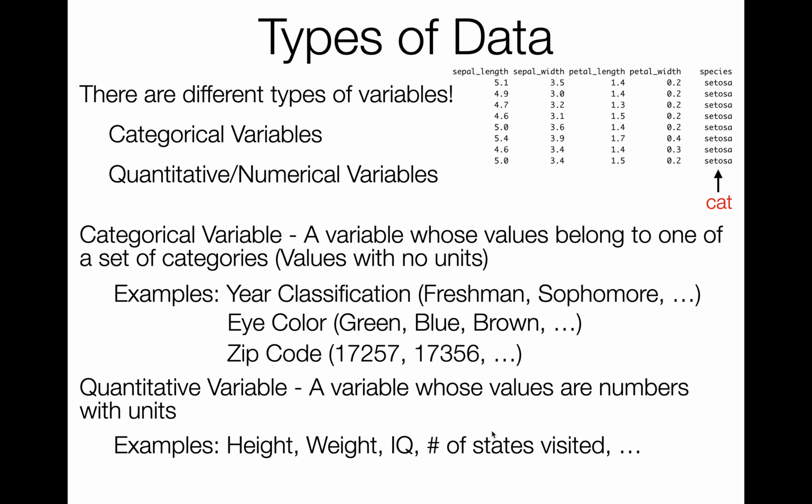So we have pounds or inches or difference in IQ points. There's some meaning there: my IQ is 20 points higher than yours or 30 points lower than someone else's. And of course, number of states visited has units as well, states. So the other four, sepal length, sepal width, petal length, and petal width, are all numerical or quantitative variables.